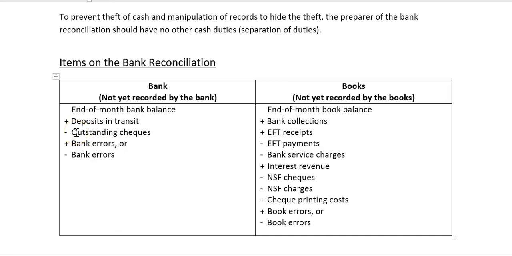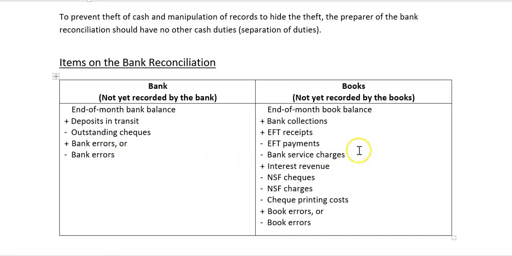They very well could be, but they could also be from long ago because our payee might just not have had the time or the will to go to the bank to deposit those checks yet. And then your bank errors. They could either increase the cash balance at the bank or decrease, but they do need to be corrected.